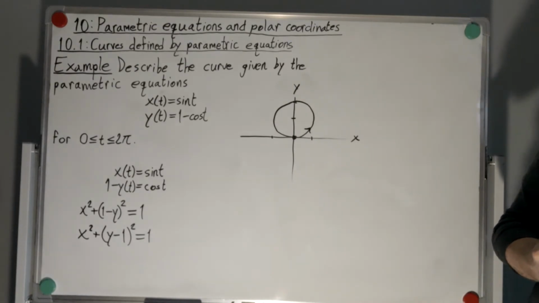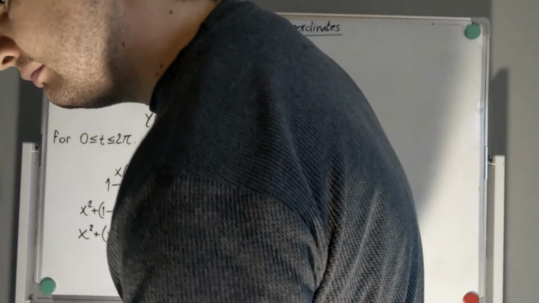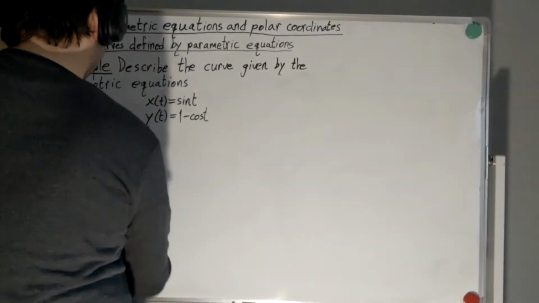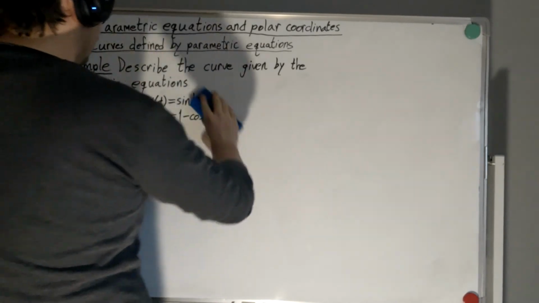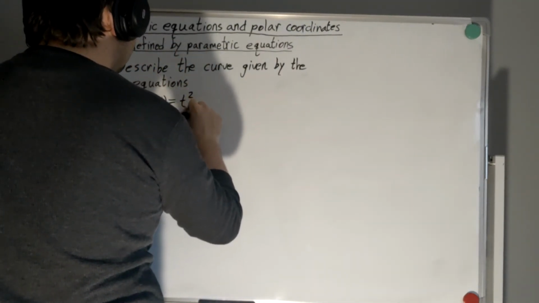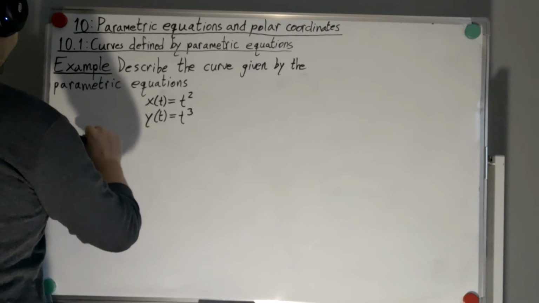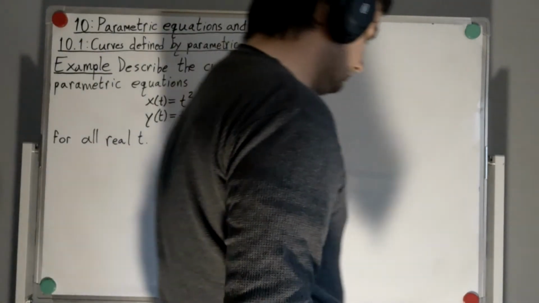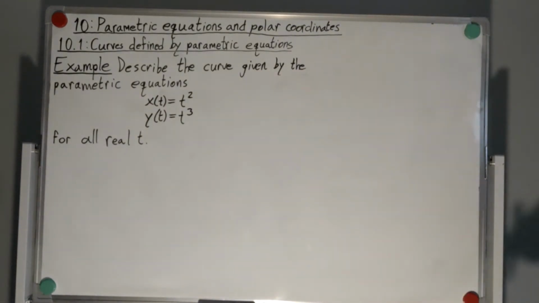All right, and then let's take a look at this one. So here we have x being t squared, y being t cubed, for all real values of t. All right.